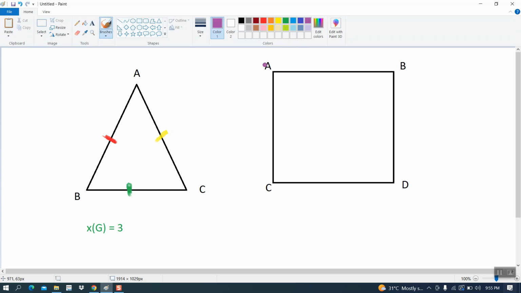Here, to the edge AB, I will apply purple color. Then let's see, other than AB, for what edges we can apply the same color purple. We cannot apply purple for BD because it is adjacent with AB. We can apply the same color for CD because it is not adjacent with AB.